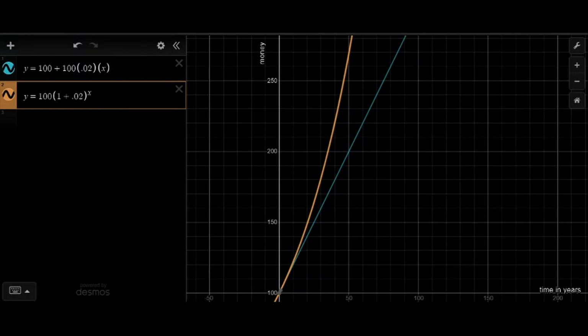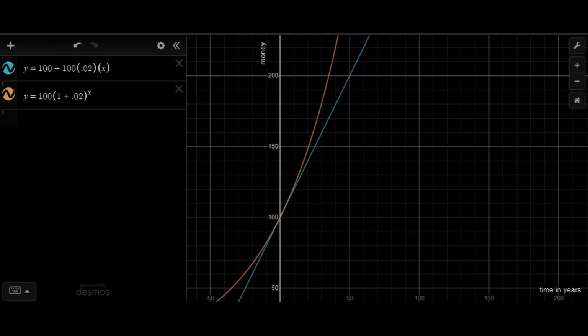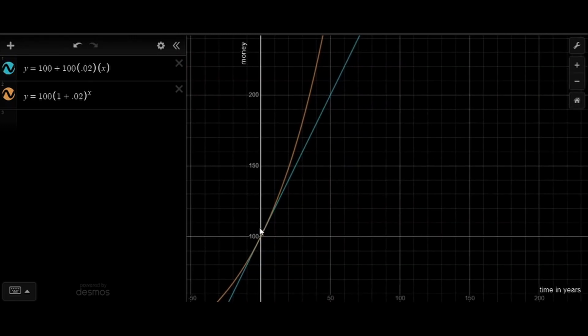So I have two graphs here. The blue one is simple interest and the orange one is compound interest. The initial investment here was $100, and in both of the graphs, the interest rate is 2%. And you can see how much faster the compound interest grows.